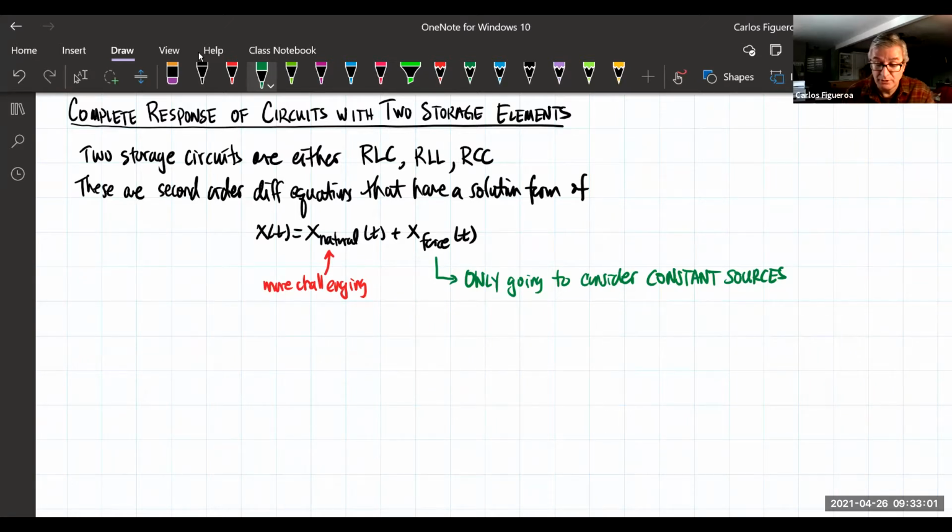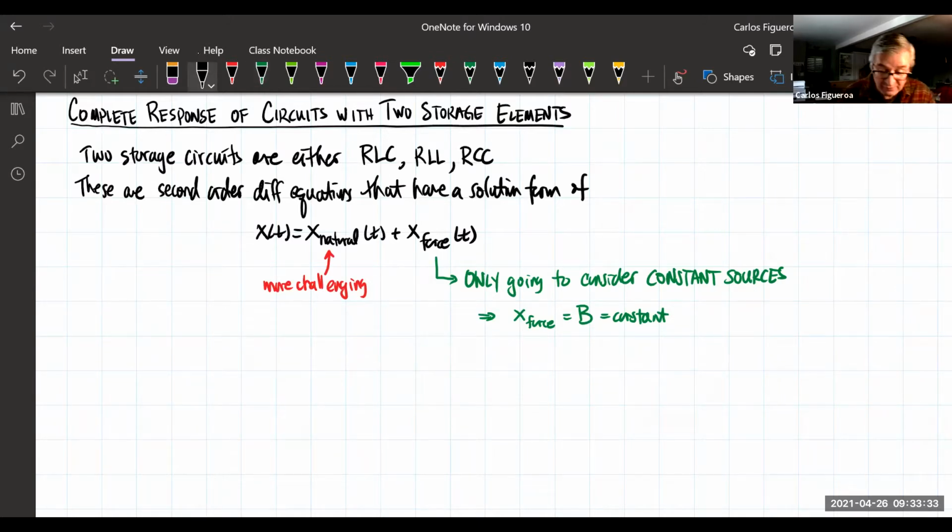As a consequence, you're always going to see that the forced response is going to be a constant. So we always will know what the forced response is, automatically. And you'll see that we'll go through the process.